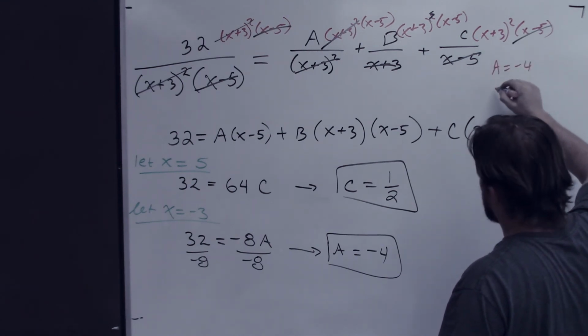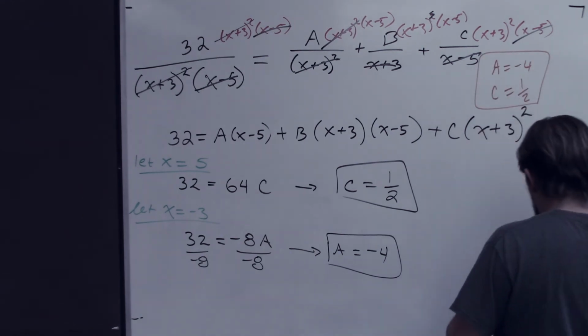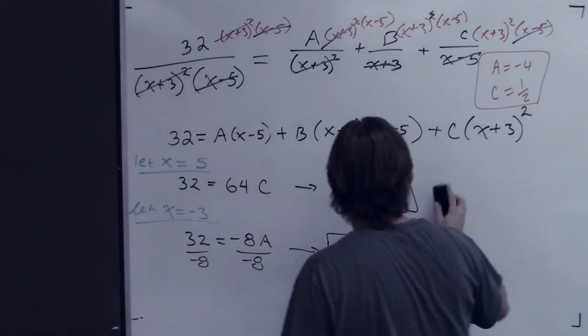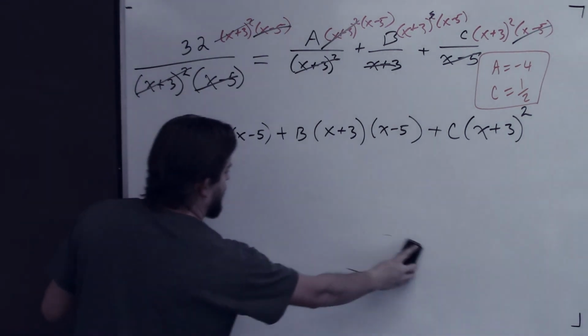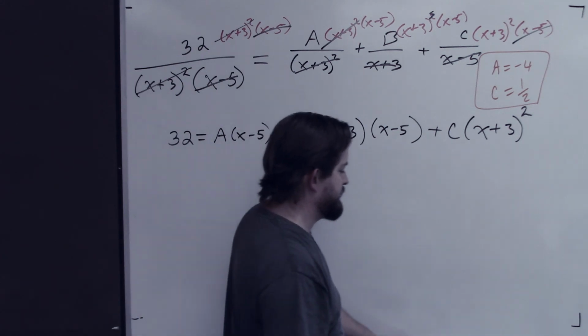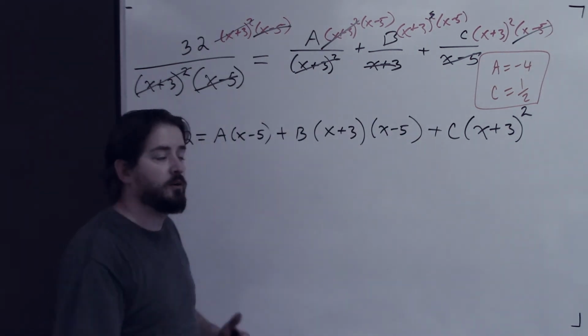A is negative 4, C is 1/2. I want to figure out B, so all I really need to do is go back and use the other method where we'd end up with the system, but I don't really care about the system so much because it's going to boil down to one unknown, so I only need one equation.